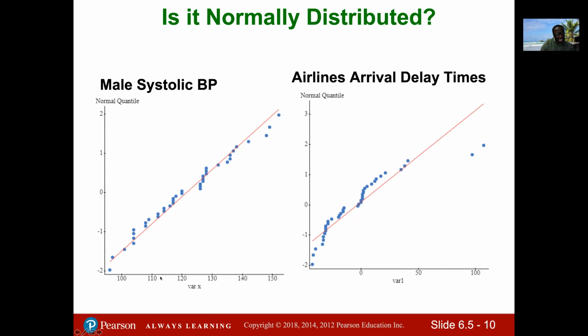So the one on the left is normally distributed. But look at the one on the right. It is definitely not close to a straight line. So the one on the right is not from a normal distribution. The one on the left is from a normal distribution.